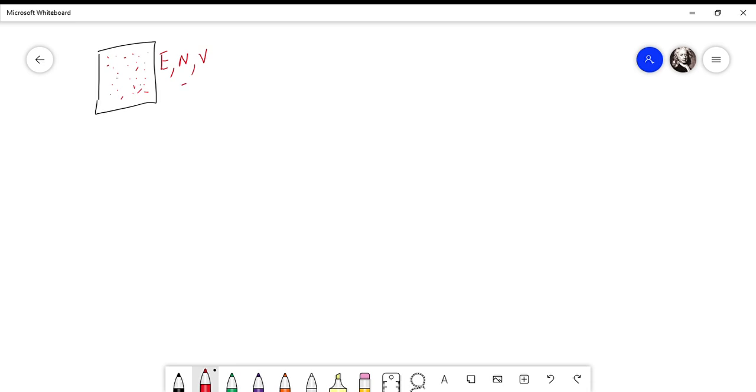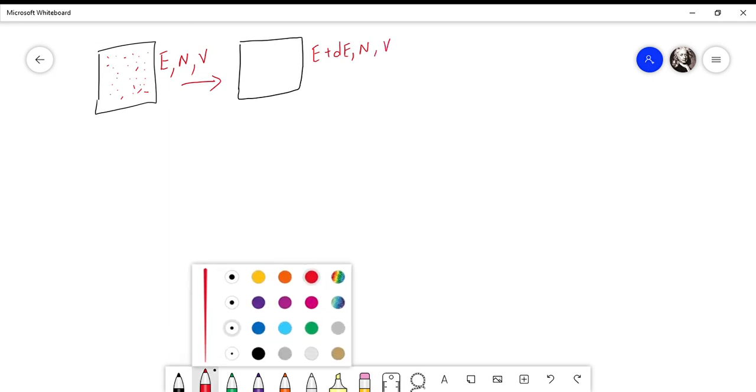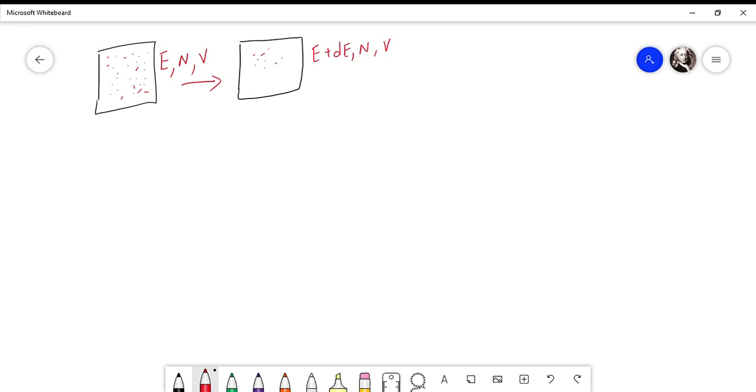Now what we do is we give it a little energy. So we add energy, basically changing the state of the system. So we have E plus dE, N, V. This is the new state of the system.